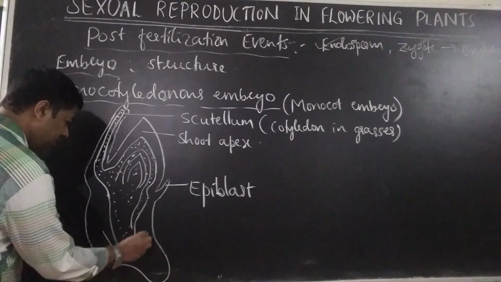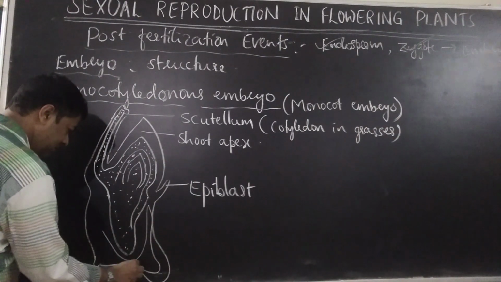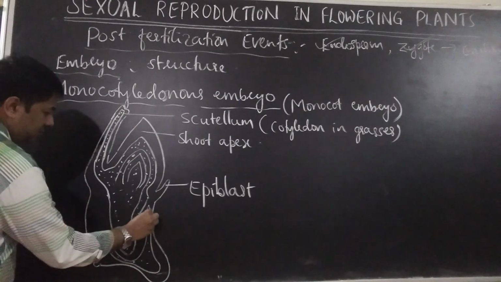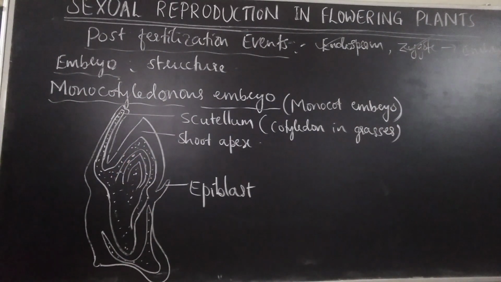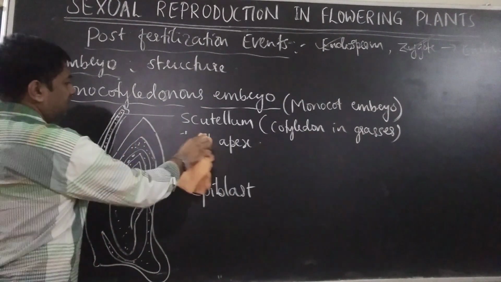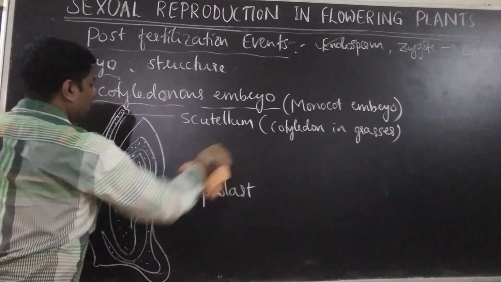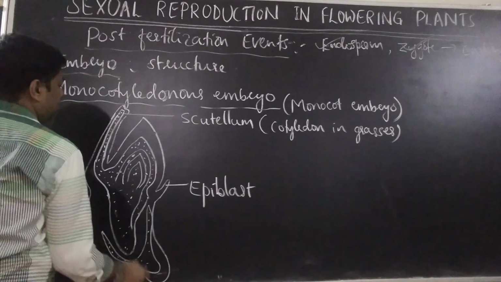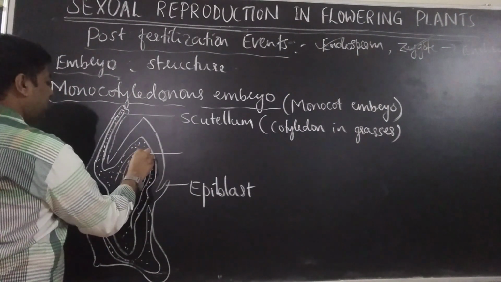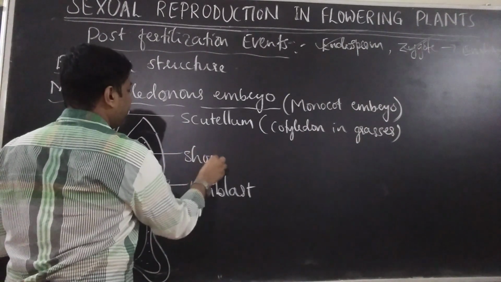So you can draw a tissue here and this way. Yes. So instead of drawing shoot apex here, because we are going to label coleoptile here, better we show this pointed structure as shoot apex.